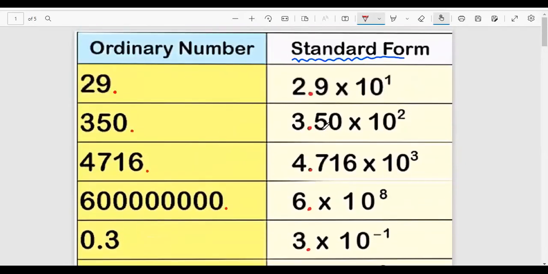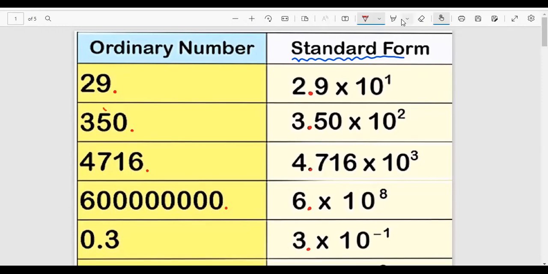So basically, in standard form, you need to convert an ordinary number to a form where the decimal is coming after the first digit. But you can't say, for example, if it is 29 and I want to convert this 29 to standard form, that it would just become 2.9.